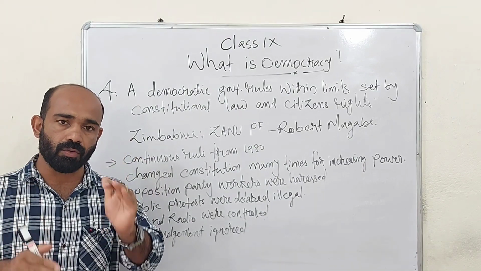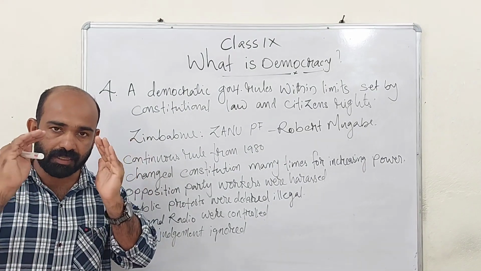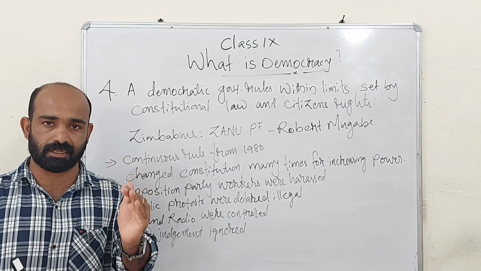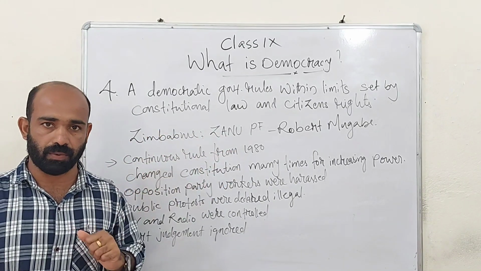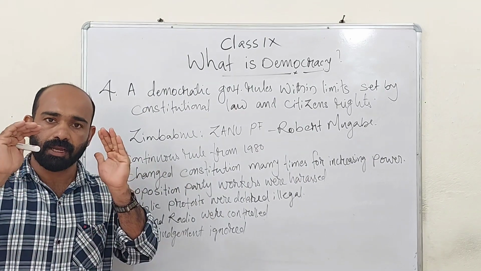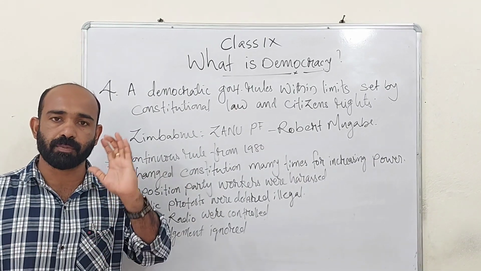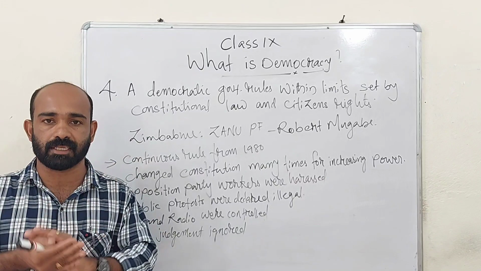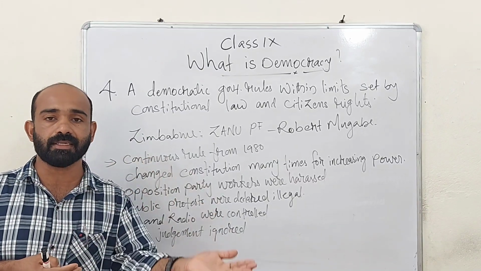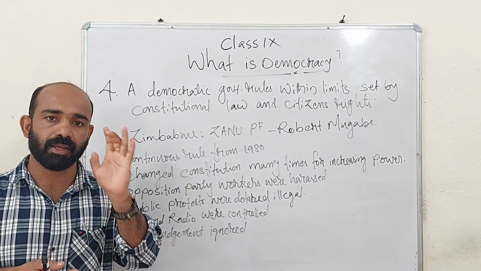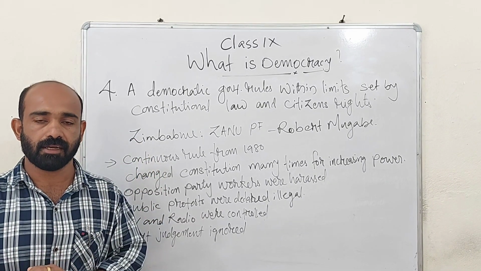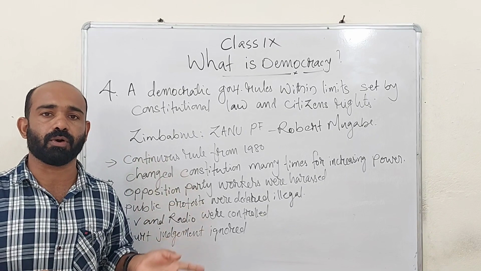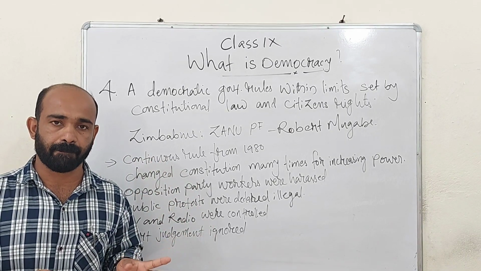All elected governments' decisions must always be based on constitutional law. And a democratically elected government must always be ready to protect citizens' rights, instead of violating them. Then only such a country can be called a real democratic nation.